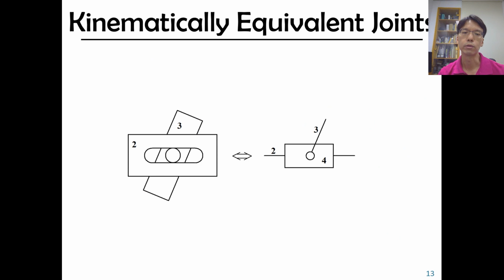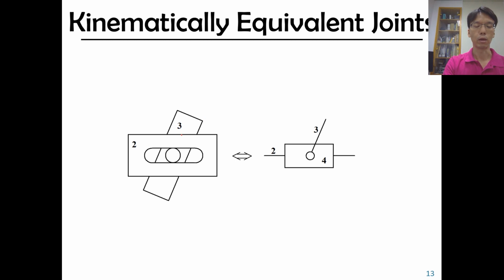Okay, and there are also what we call kinematically equivalent joints. What does this mean? It means this one, the left one and the right one, perform the same purpose. They serve the same purpose. So for the left one, we can see bar 3 or link 3.